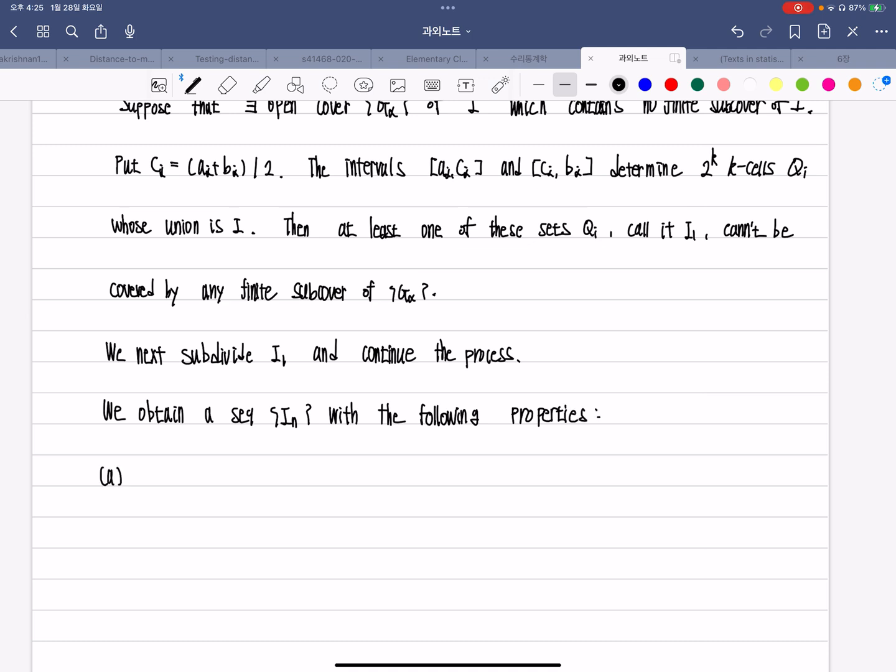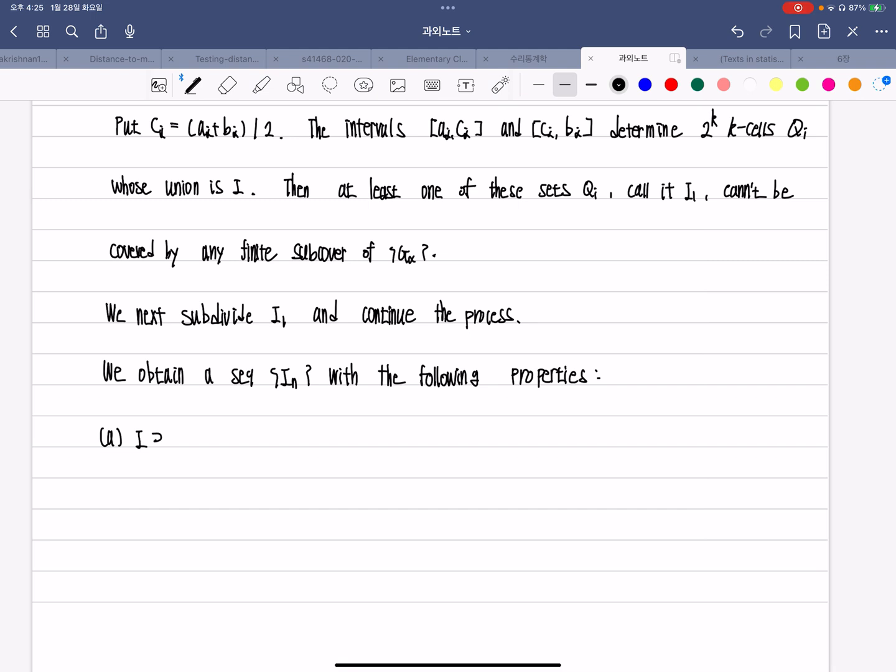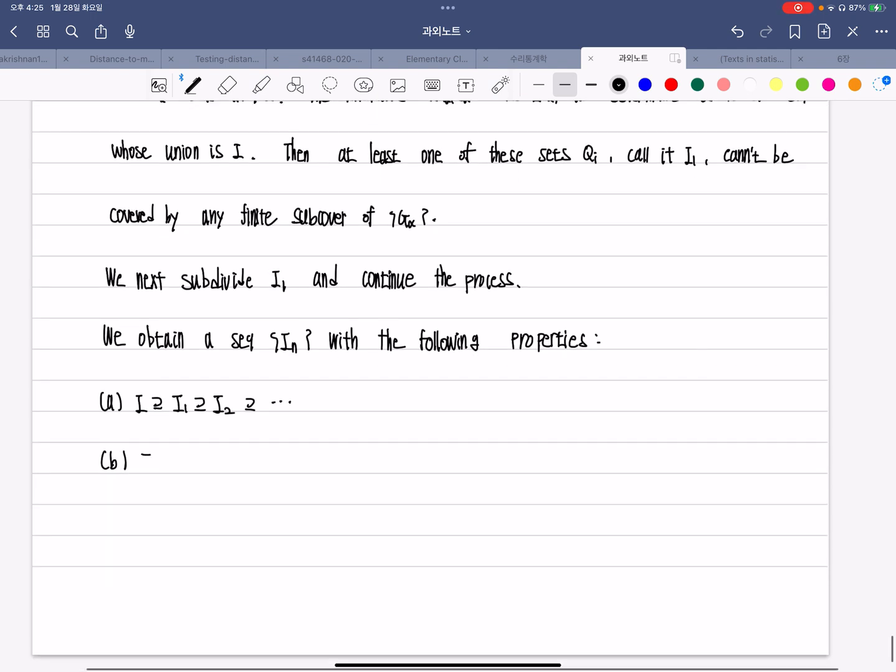First, A, this sequence is a decreasing sequence. Second, B, I_n is not covered by any finite subcollection of G alpha.